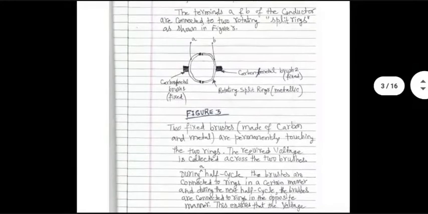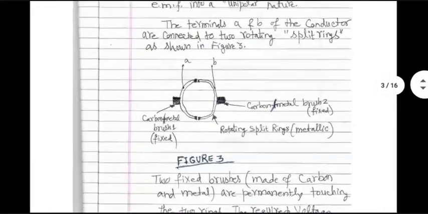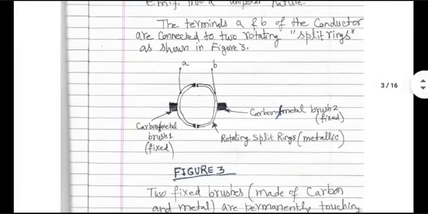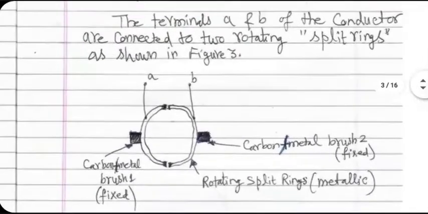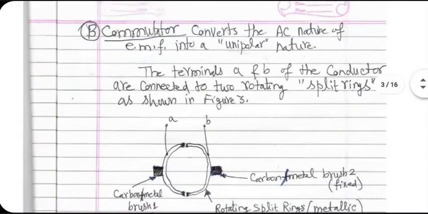This is how rectification is obtained using this innovative approach called commutator. Commutator means the rings and the brushes. Brushes, by the way, are not rotating, they are fixed. They are permanently touching the rotating rings.